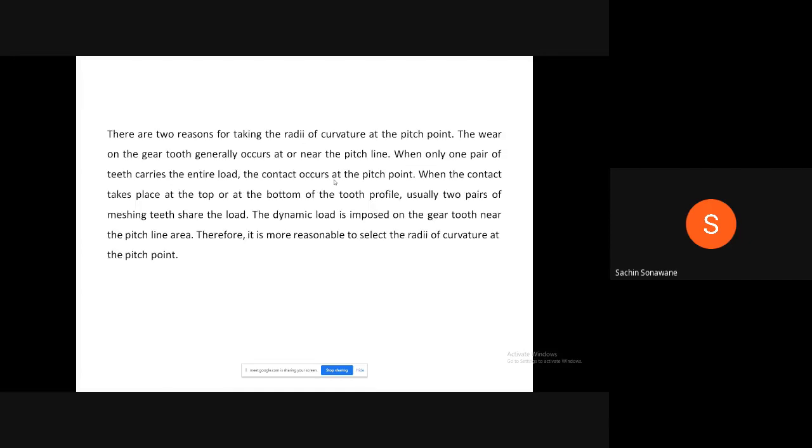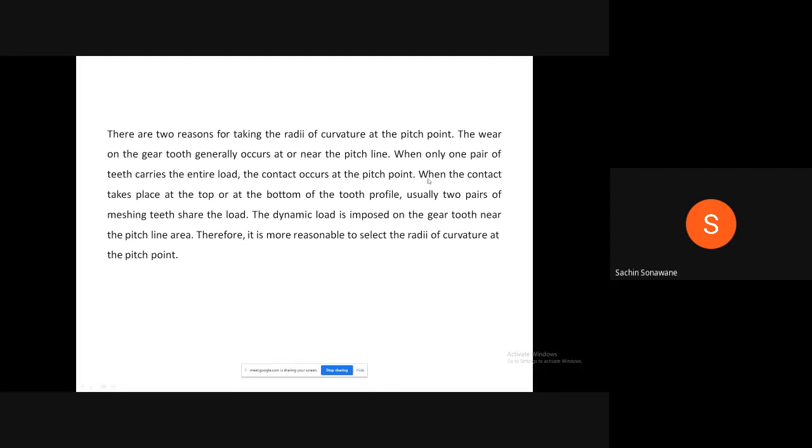Next, there are two reasons for taking the radii of curvature at the pitch point. The wear on the gear tooth generally occurs at or near the pitch line. When only one pair of teeth carries the entire load, the contact occurs at the pitch point.